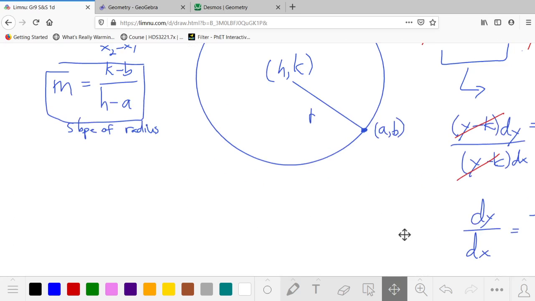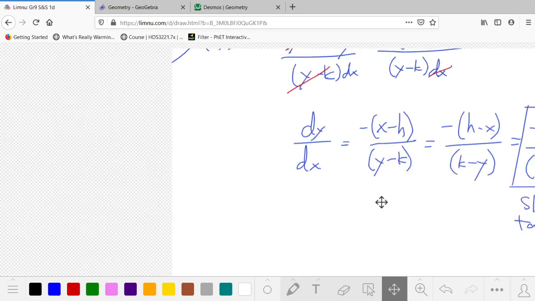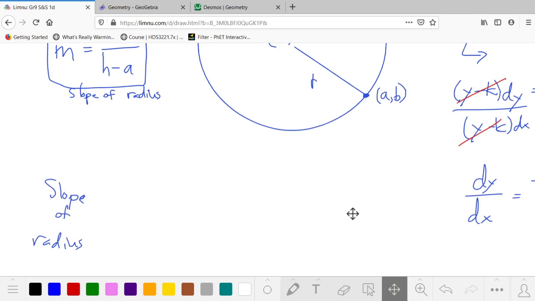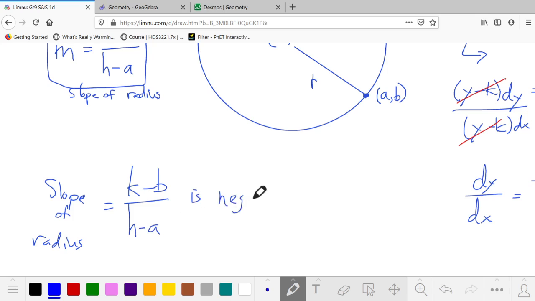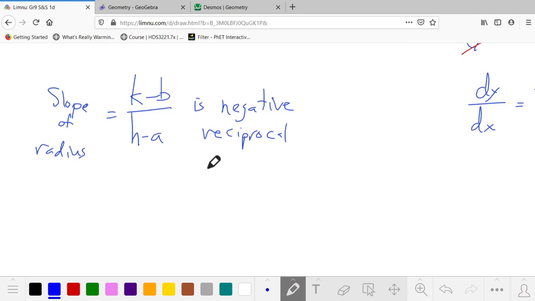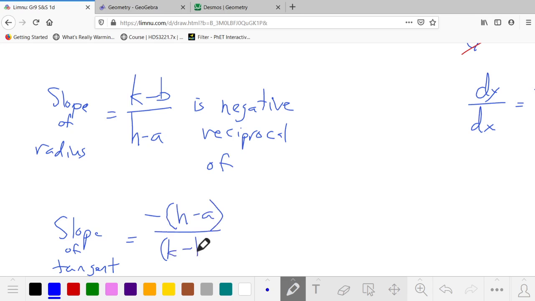Comparing them, (k minus b) over (h minus a) and negative (h minus a) over (k minus b): the slope of the radius, which is k minus b over h minus a, is the negative reciprocal of the slope of the tangent, which we showed was equal to negative (h minus a) over (k minus b).